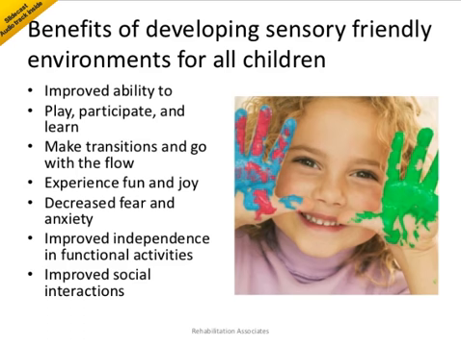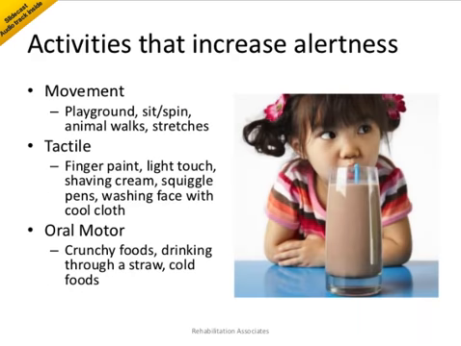So in general, activities that will increase alertness with children: when you go to work with a child, the first thing I do is try to figure out, where are they? Are they at a really good level of focus and attention so they can work with me, or do I need to kind of lift them up a little bit, or do I need to calm them down? So if I want to increase their alertness, I'm going to use movement.